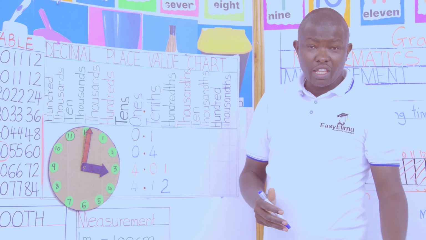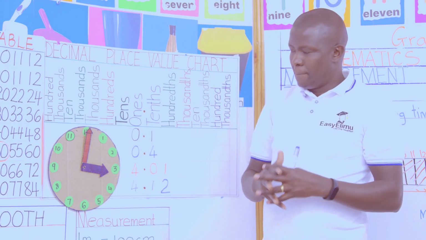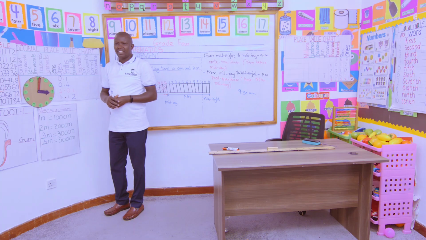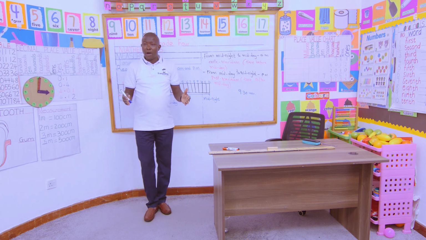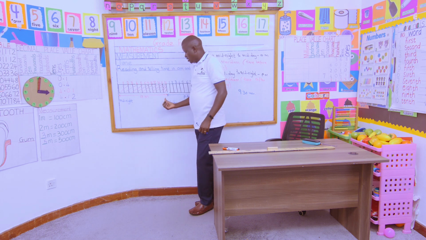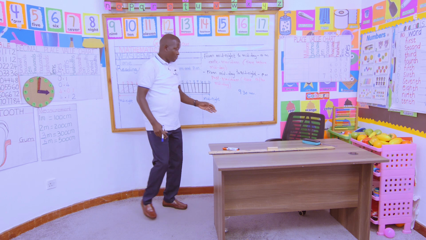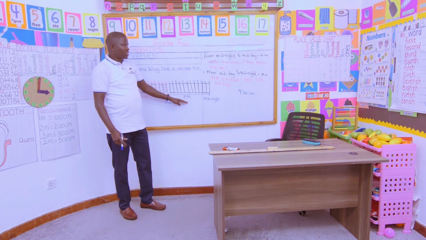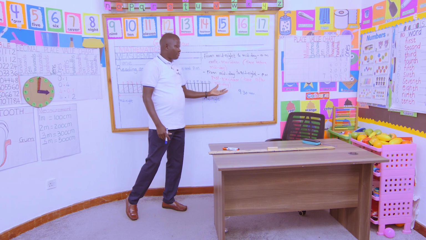We don't go home during the morning hours, but towards the evening, past midday or after midday. So this is 3:00 PM. This is how we tell. Remember, we have 12 hours from midnight to midday. We call them AM. And we also have another 12 hours from midday to midnight. We call them PM. And I've said AM is antemeridian, time before midday, and PM is post meridian, time after midday.